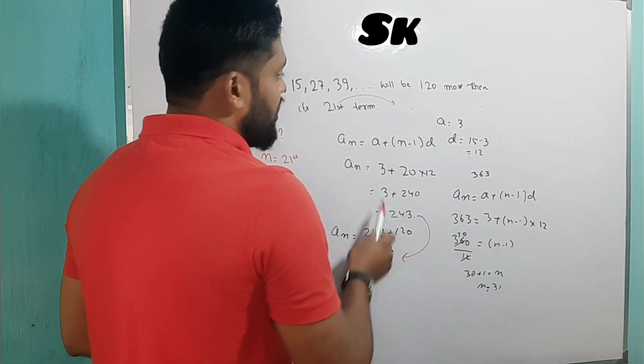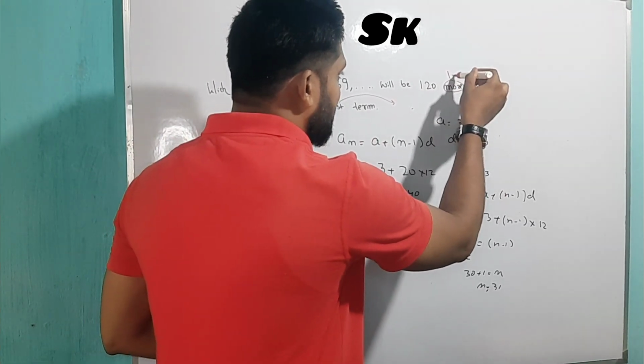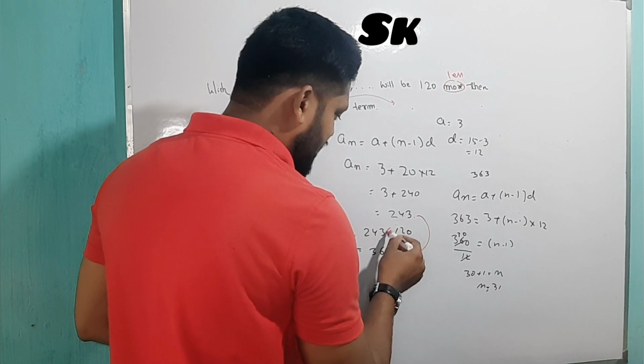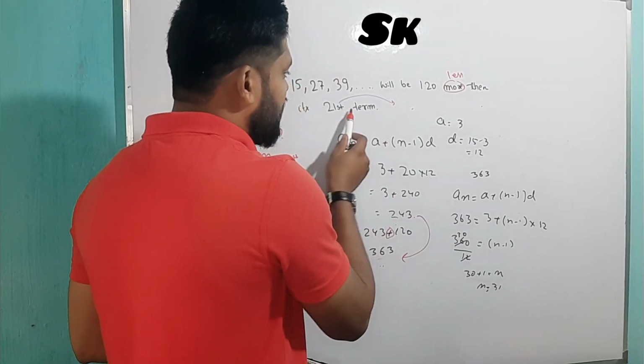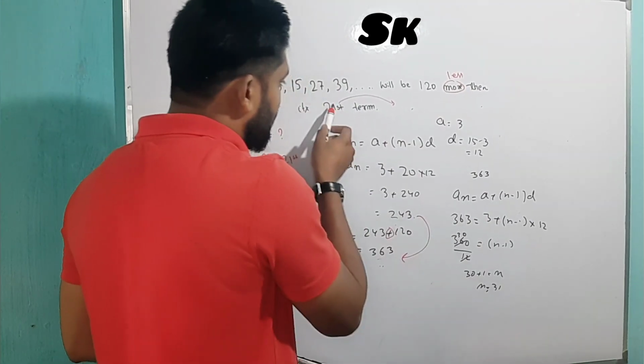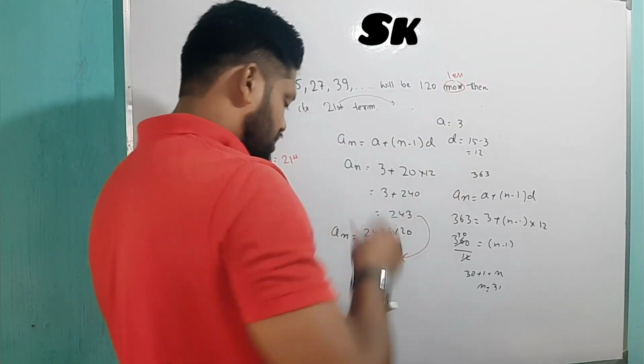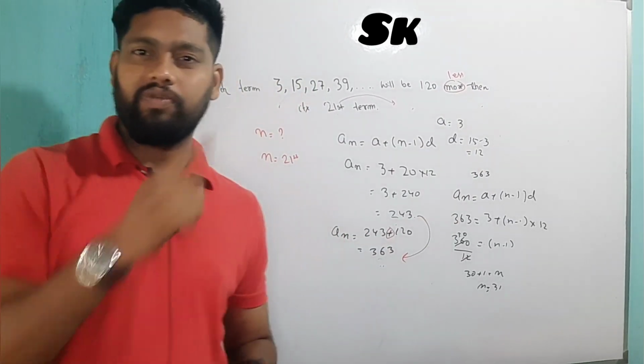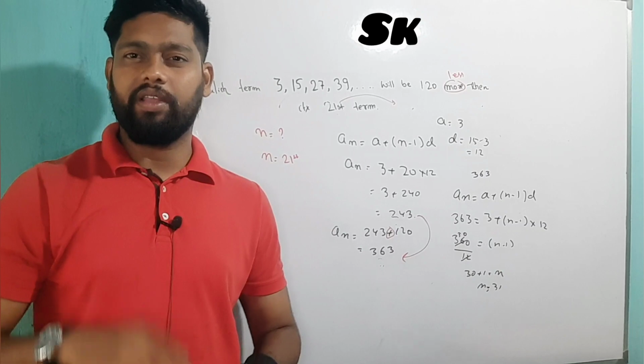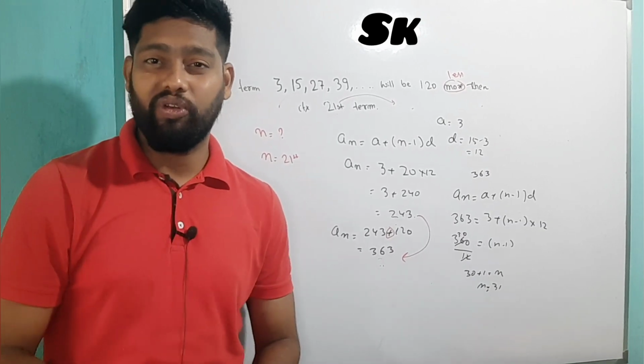It cannot be less than. If they say less than, then you have to subtract right over here, and the term will be back of this one. When more than is there, it is plus 1. Clear? This is a very important sum. This type of sum will come in the exam. So those types only I am going to explain to you right now.